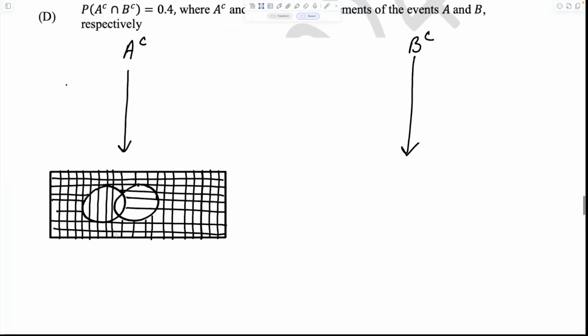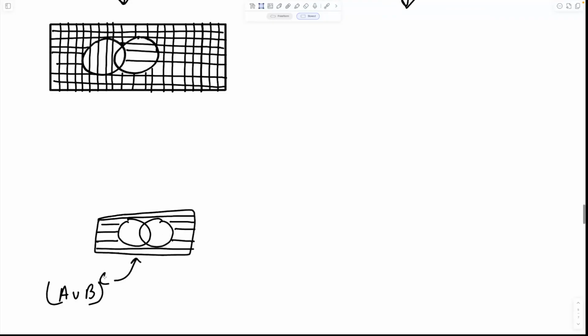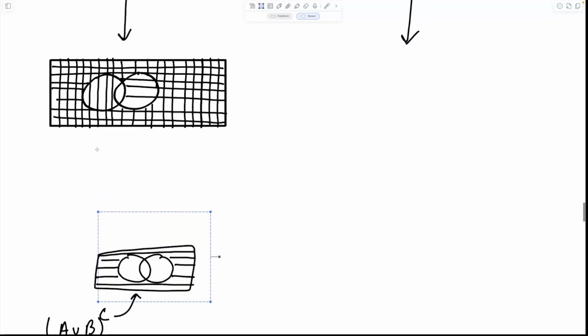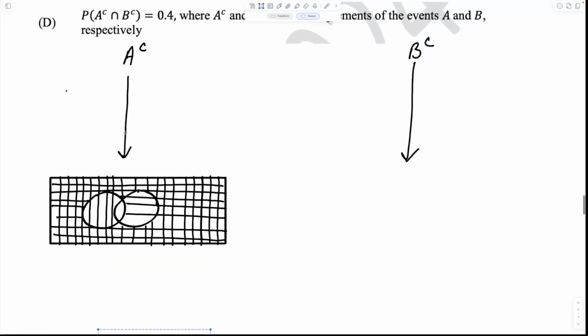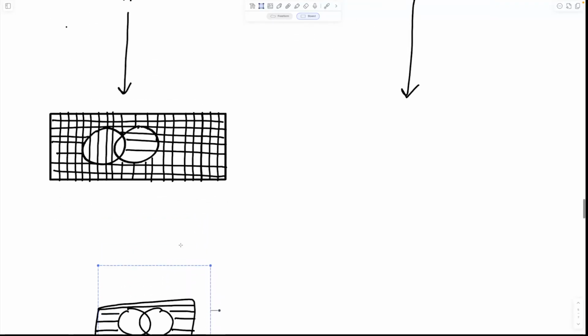And what is this pattern for? A union B whole complement is this pattern, right? And this is exactly the same pattern which we are getting from the intersection of A complement and B complement, here represented in this visual manner, right? So we got the answer.